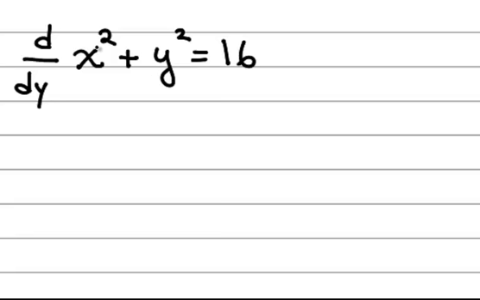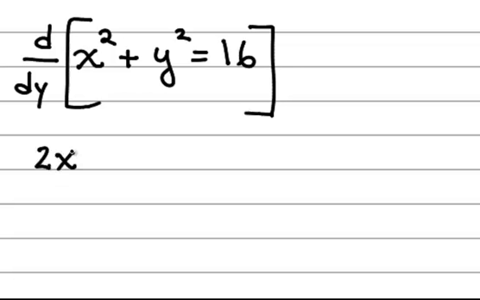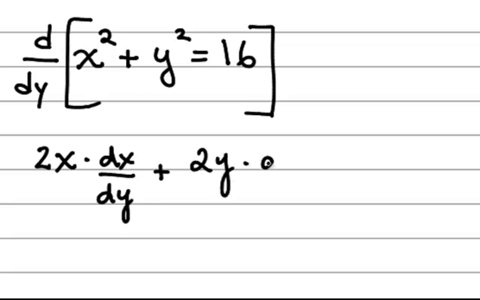So if I wanted to, I could take the derivative of this with respect to y, so it would be 2x times the derivative of the variable inside with respect to y, plus 2y to the first times the derivative of the inside variable with respect to y, so dy dy, and that's going to be equal to 0 since the derivative of 16 is 0, and dy dy is just 1, so typically we don't write that.